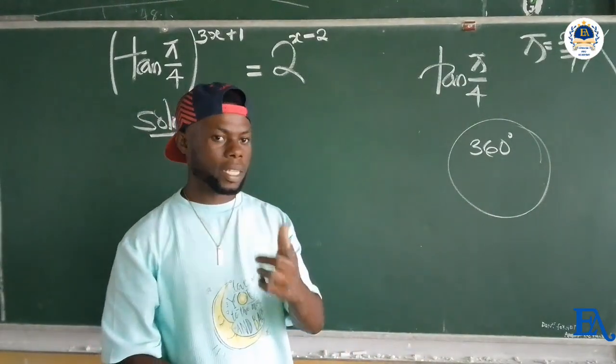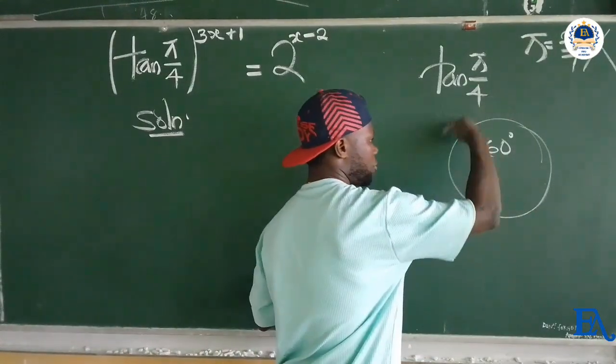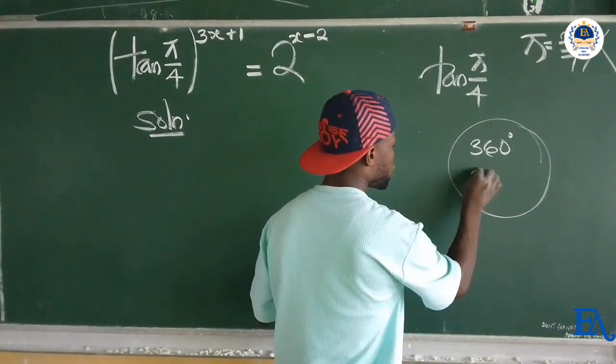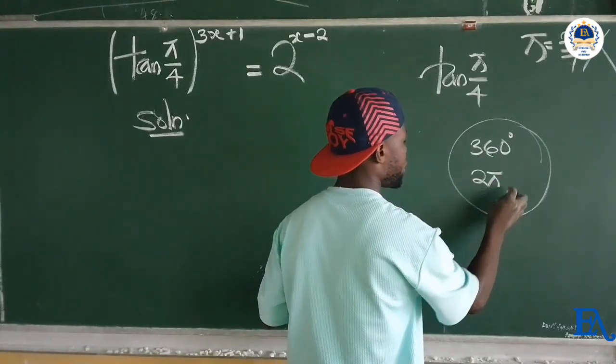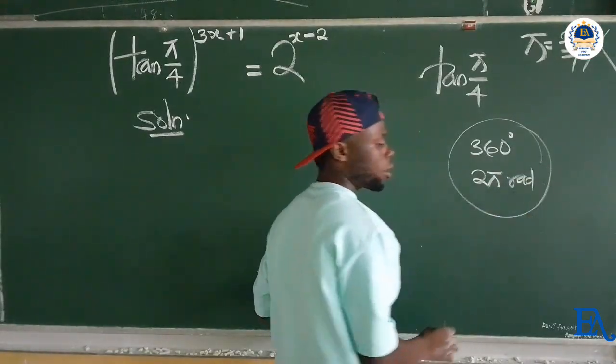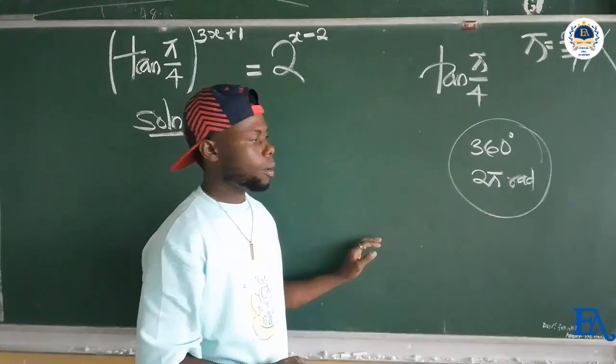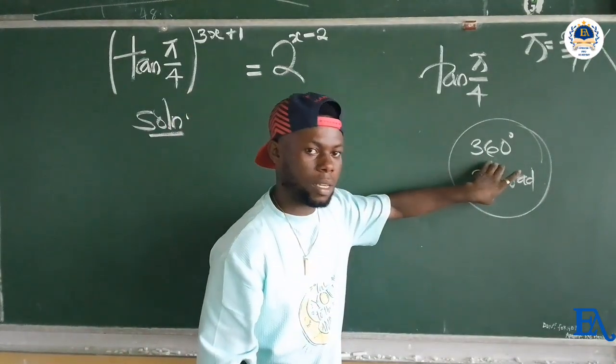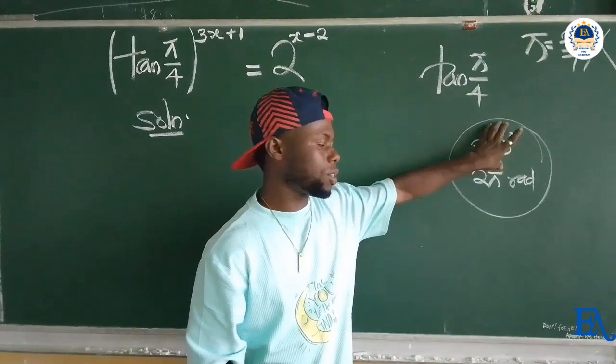Then in radians, one revolution or one circle is equal to 2π radians. But we are referring to this pi as radian, and we are not considering the degrees.